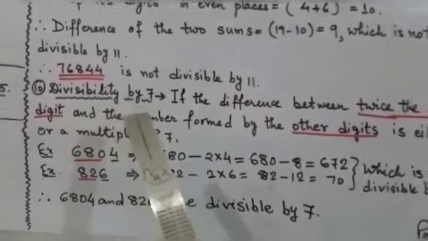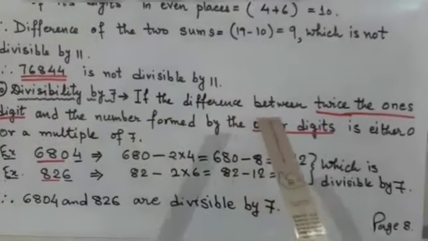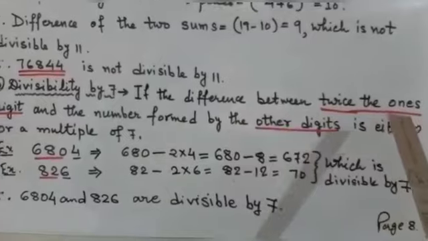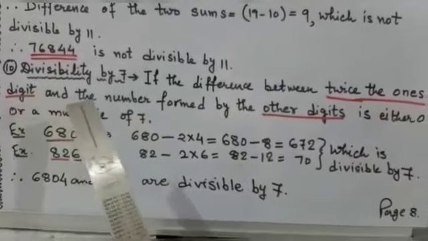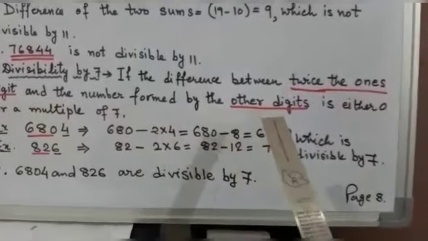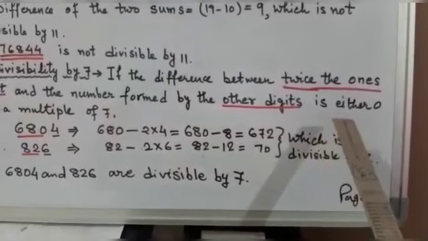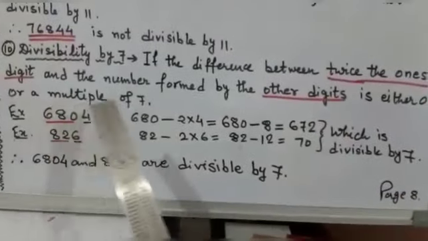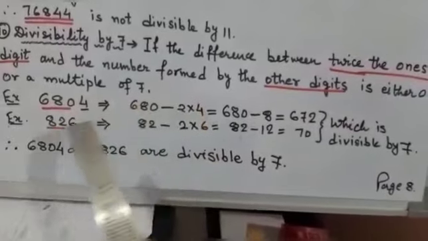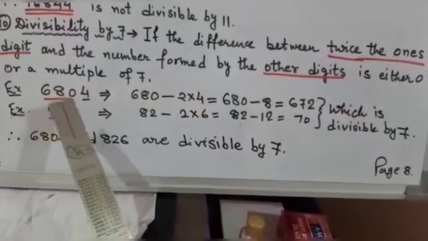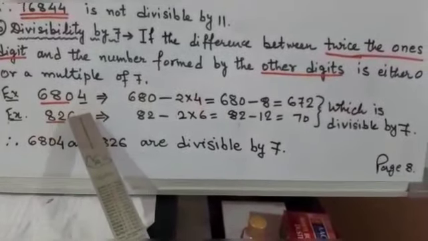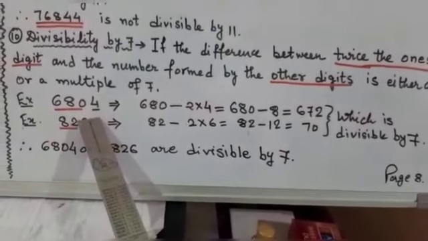Next, divisibility by 7. If the difference between twice the ones digit and the number formed by the other digits is either 0 or a multiple of 7. Example, 6804. Ones place is 4.